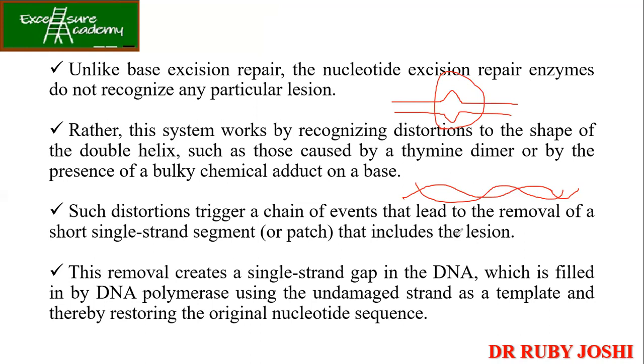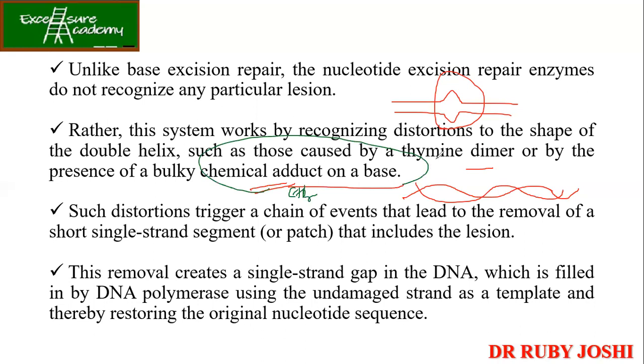Such distortion is caused by a thymidine dimer or by the presence of a bulky chemical added on a base. So if there were ethidium bromide intercalating dyes or any alkylating agent present, these are repaired by the mechanism of nucleotide excision repair.